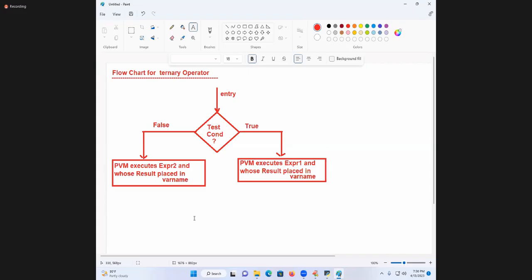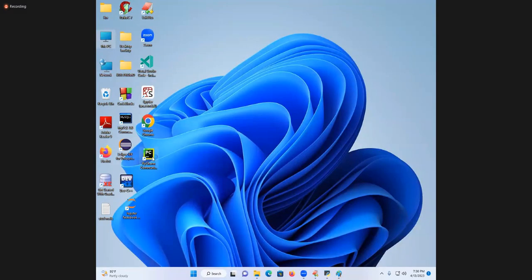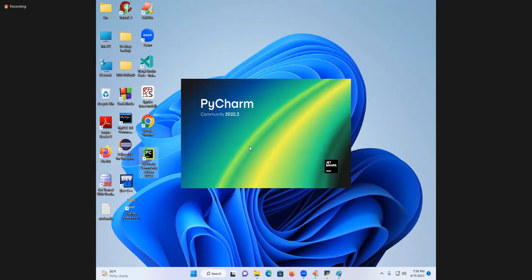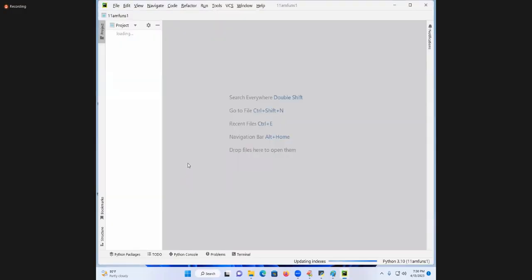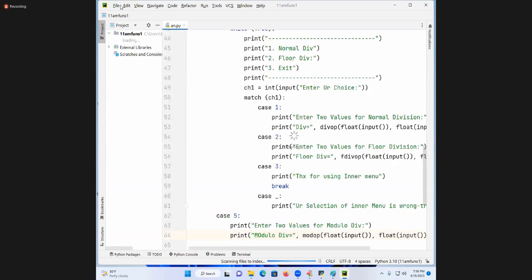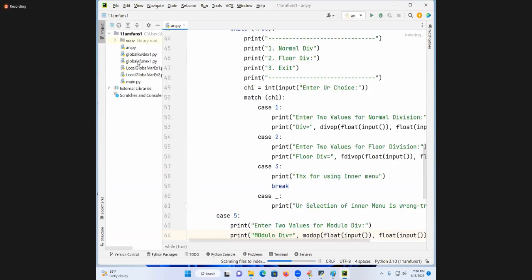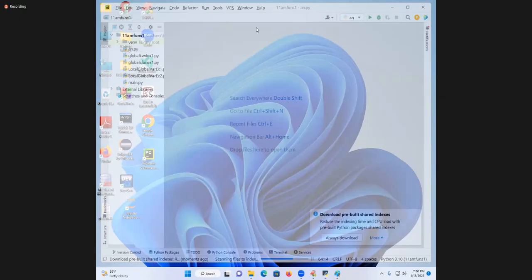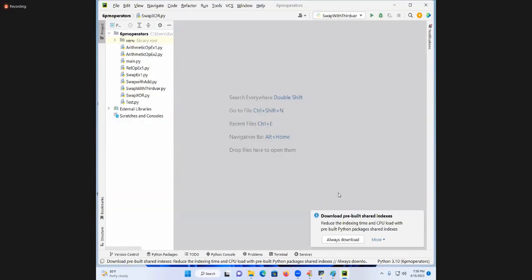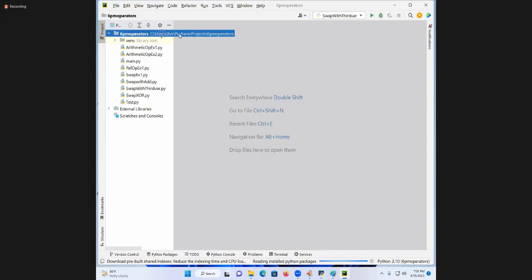So, coming to the point, I am going to write the coding. Now I am introducing PyCharm. Observe very carefully. Now I am using what operator? Ternary operator. We need to use it. Now close this project. Now I'm going to say new.